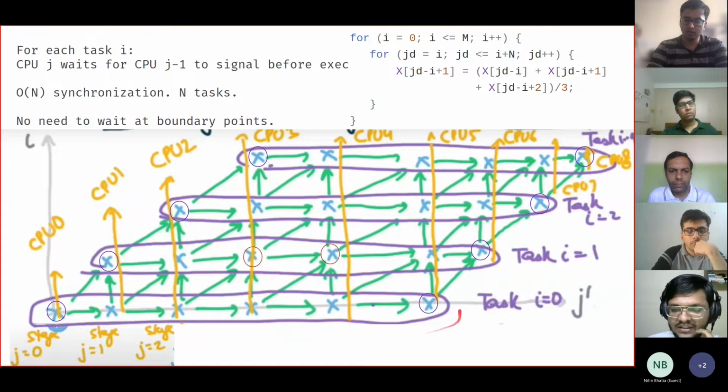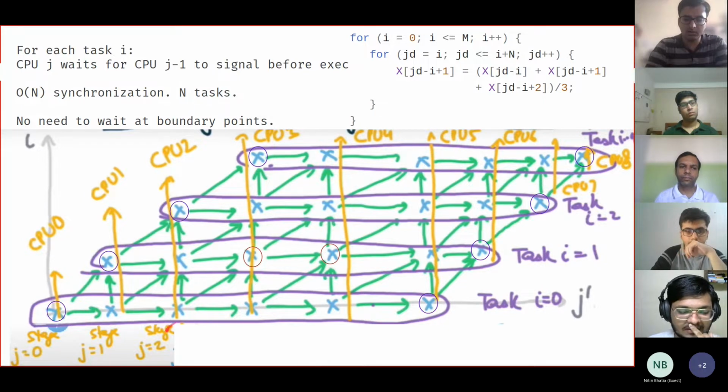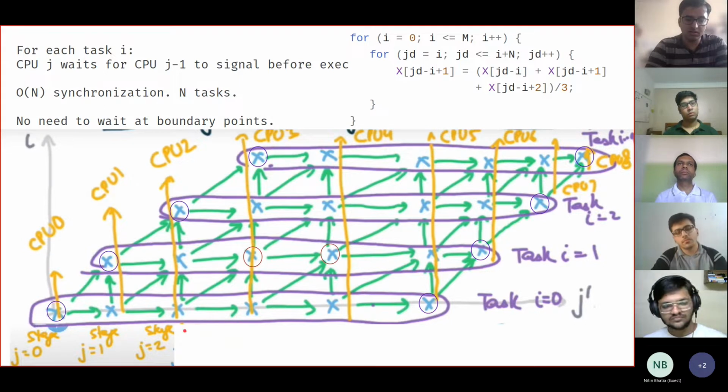These are our stages in yellow. Now each CPU thread is going to specialize in particular stages. So for task i equal to 0, J0 is going to be executed by CPU1, J1 is going to be executed by CPU1, and J2 is going to be executed by CPU2. So this is how we have divided the task here.